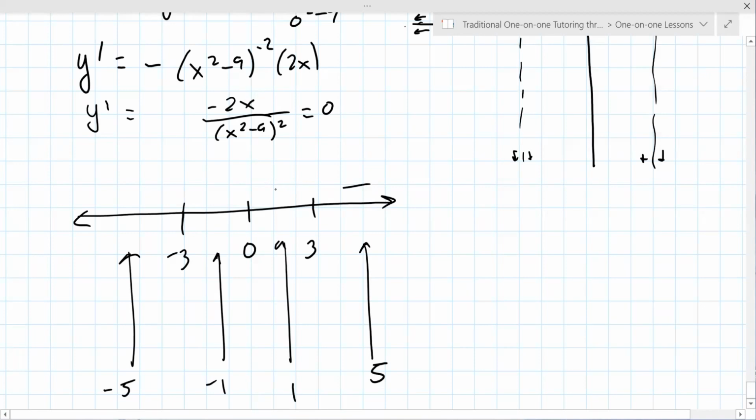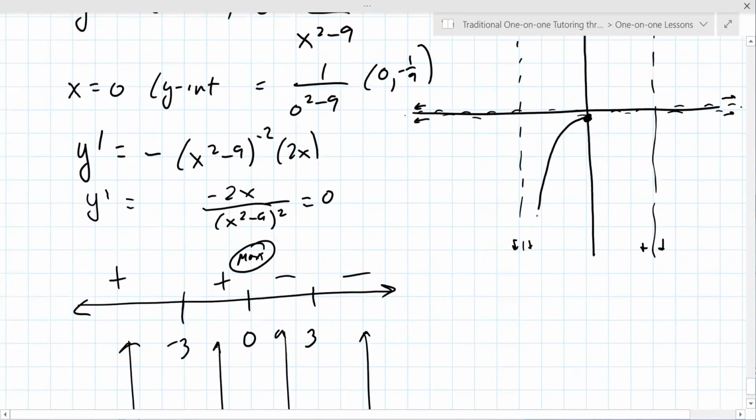Negative, negative, positive, positive. So this means it's increasing, decreasing, decreasing. At 0, though, it goes from increasing to decreasing. So that's a max. So this one connects like this because it has to be a max.